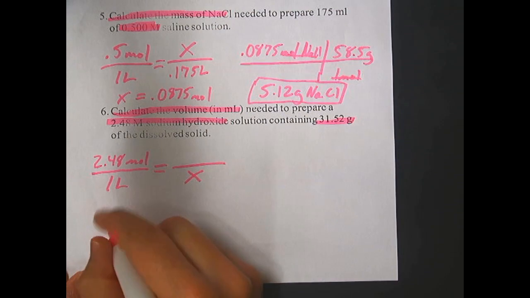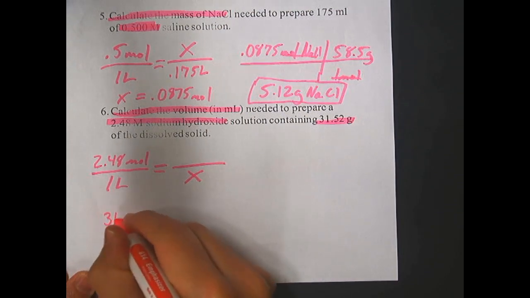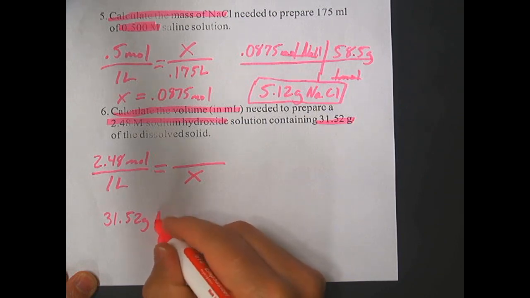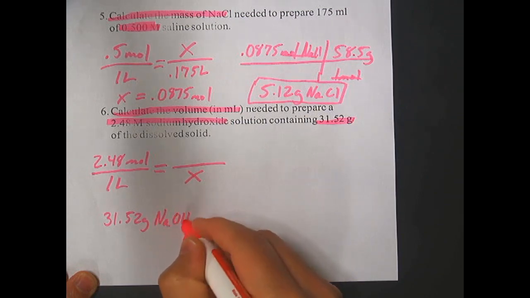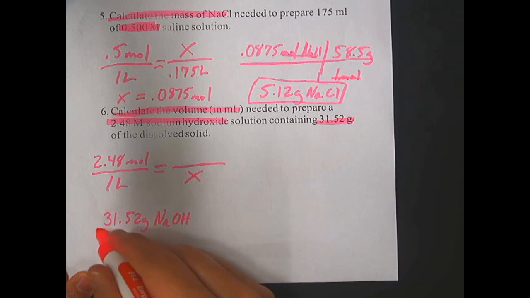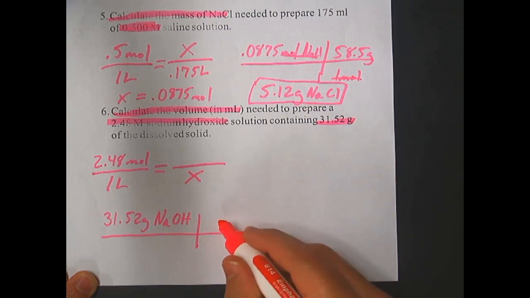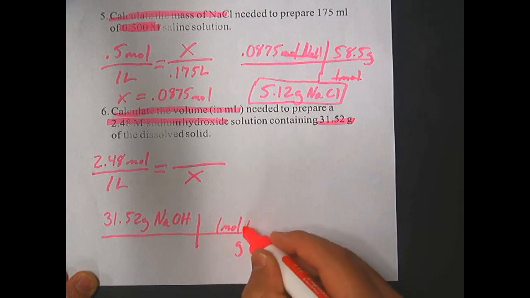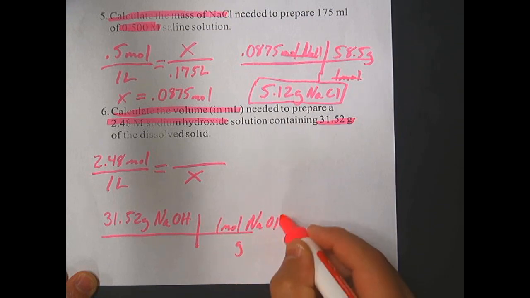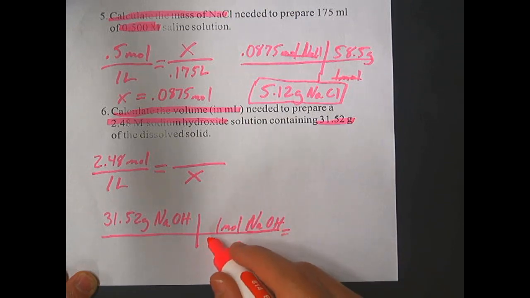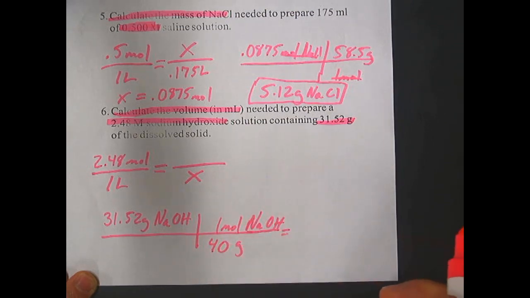So we're going to do train tracks first in this one. 31.52 grams of sodium hydroxide, which I'm sure you all figured out is NaOH, and we're going to convert it to moles of NaOH. Sodium hydroxide is a pretty common chemical, so I kind of remember that it's always 40 grams per mole.